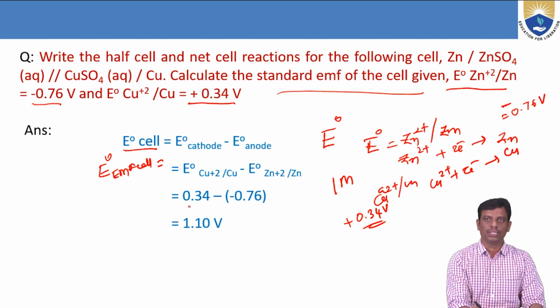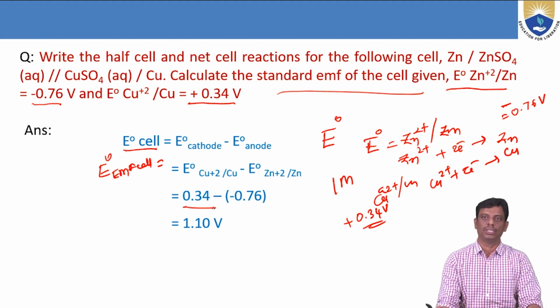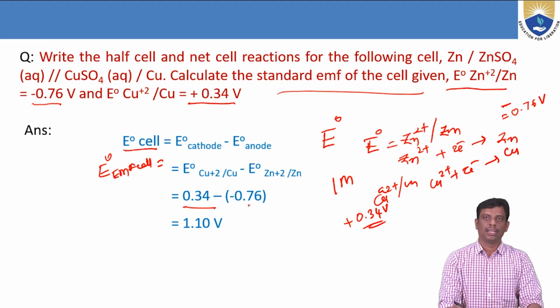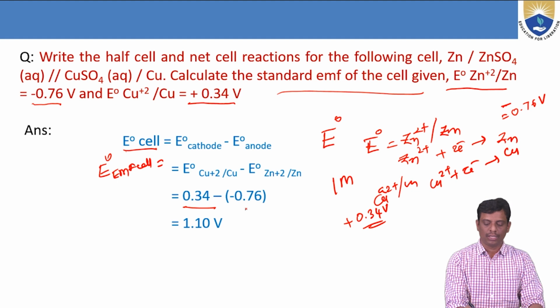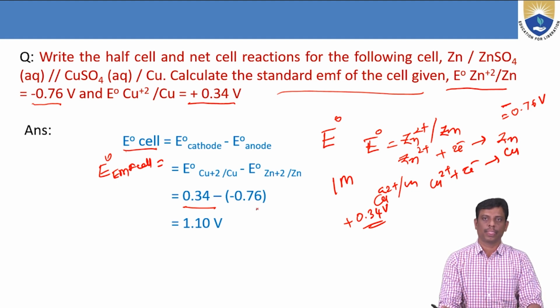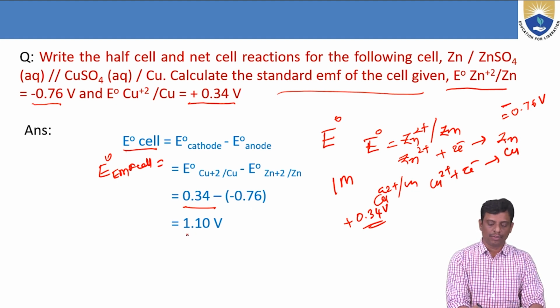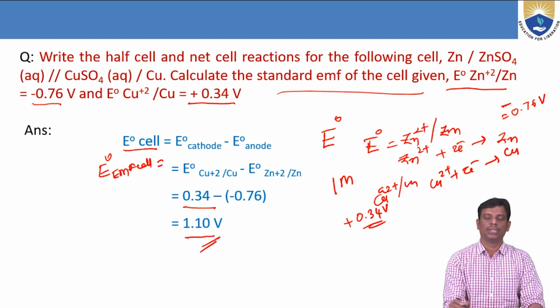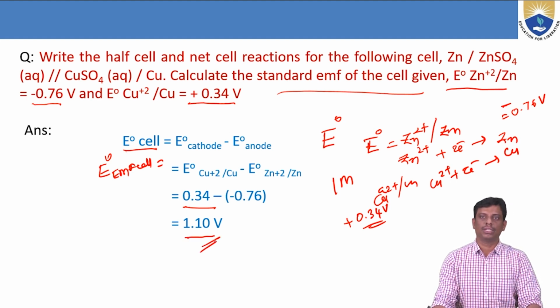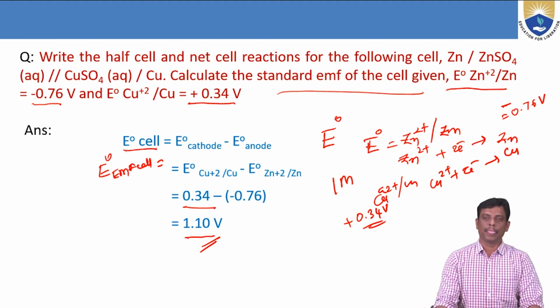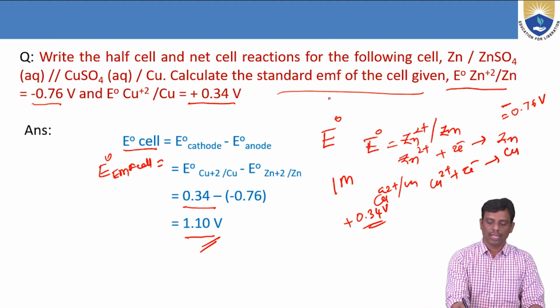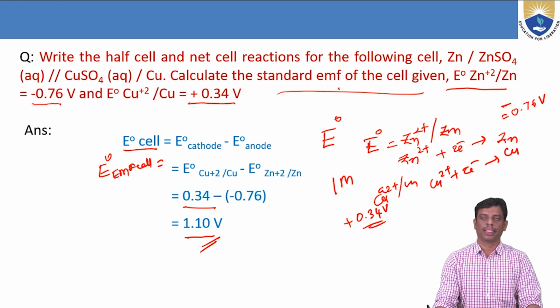The E naught cathode value is plus 0.34 volts, minus the E naught anode value of minus 0.76 volts. So plus and minus, we get 1.10 volts. This 1.10 volts is the EMF of that particular electrochemical cell.